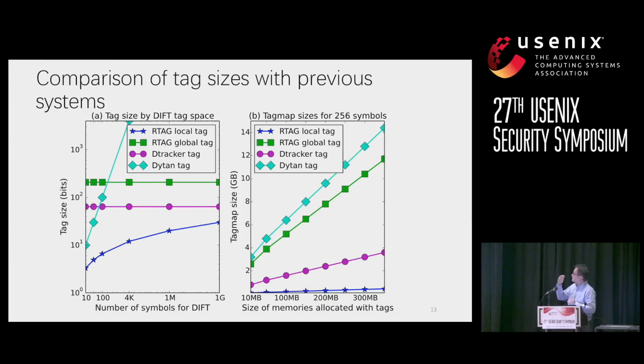However, the one from Titan grows exponentially, and also D-Tracker and our global tag are much higher. And also, the memory cost, according to the number of tags that have been used in the memory space, for our local tag is a fraction of that of the other systems.